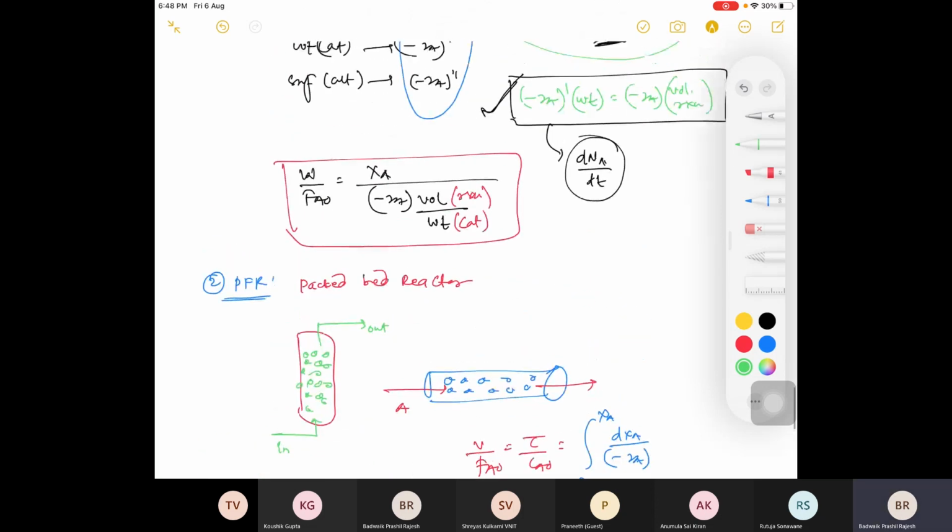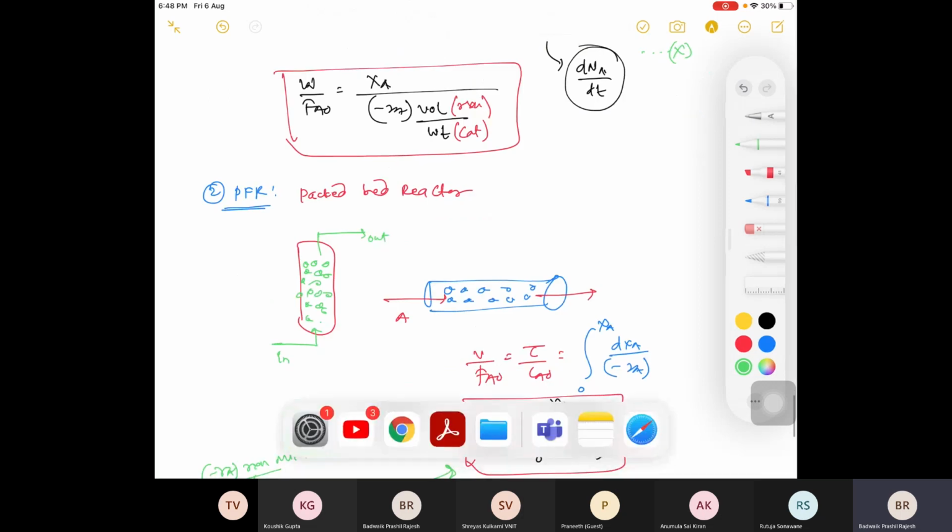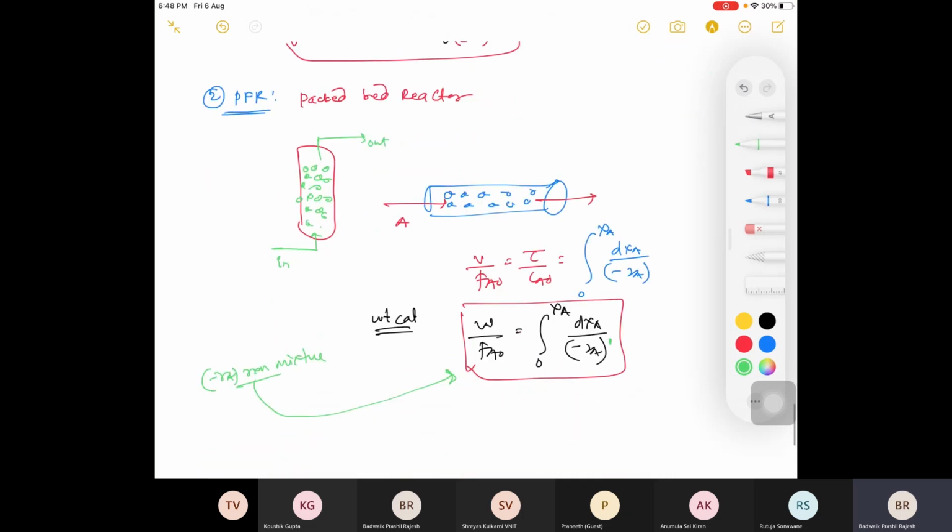You need to convert using this formula, equation number X, and then you will get the answer. Otherwise you will have a wrong answer. Please be careful.